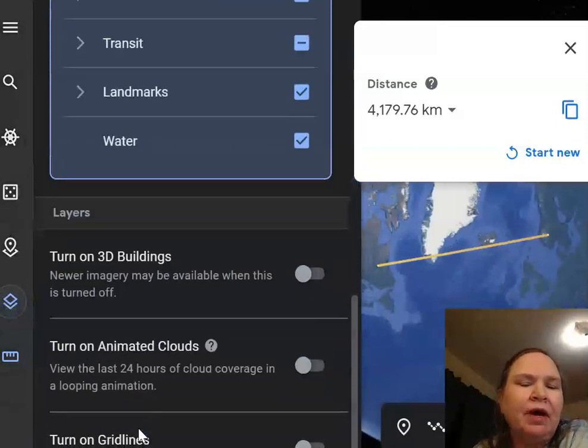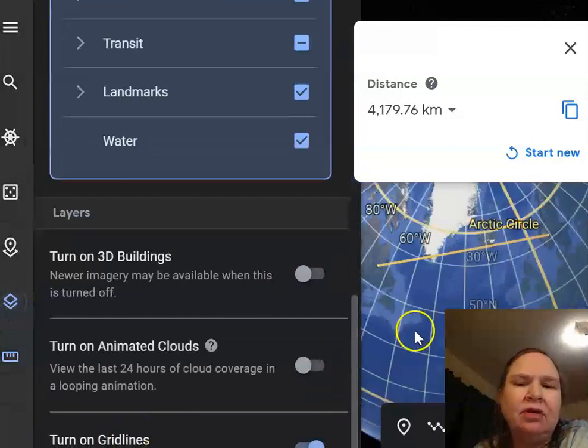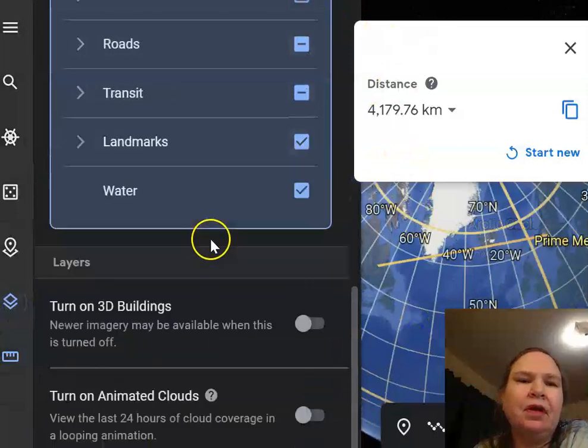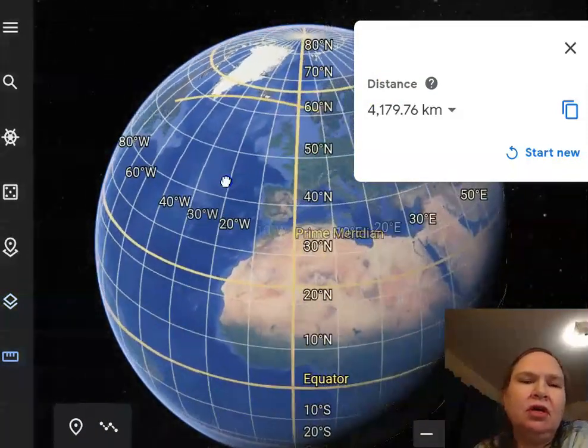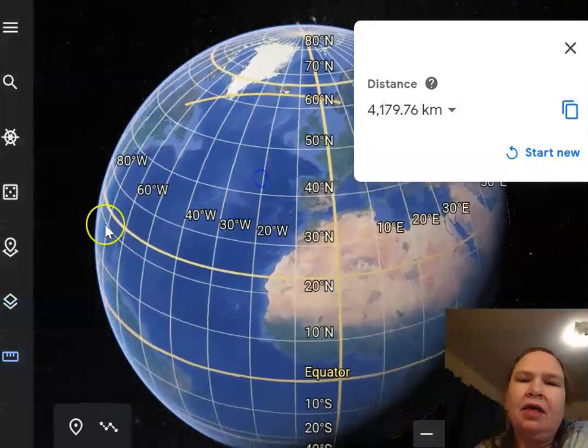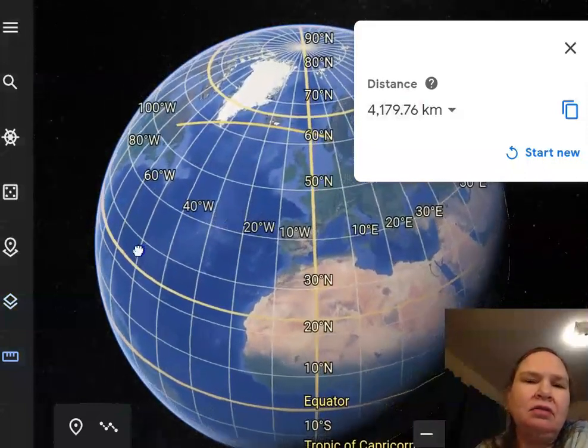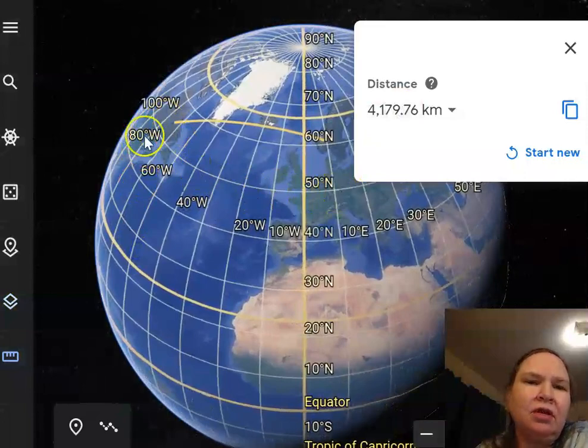I'm going to turn back on the grid lines, the latitude and longitude lines, because a thing you have to get used to is that a straight path doesn't follow the latitude lines.